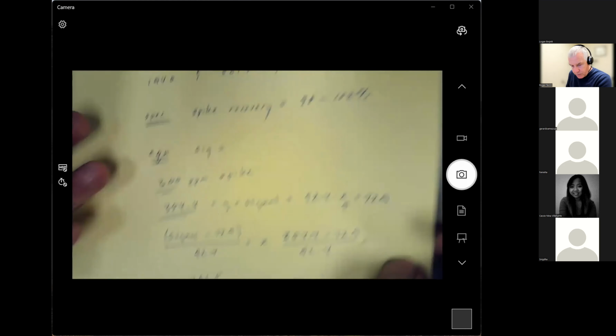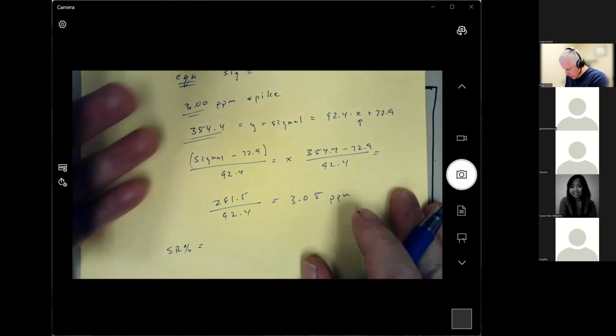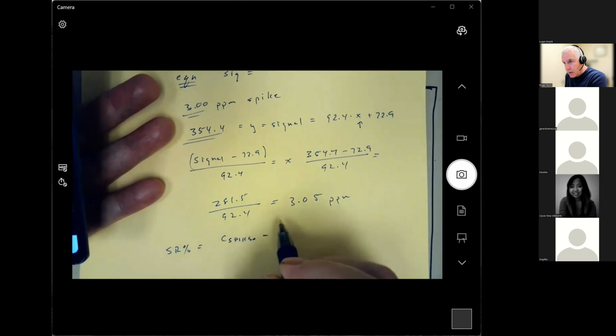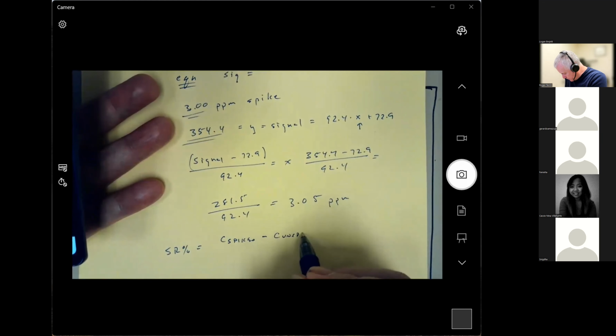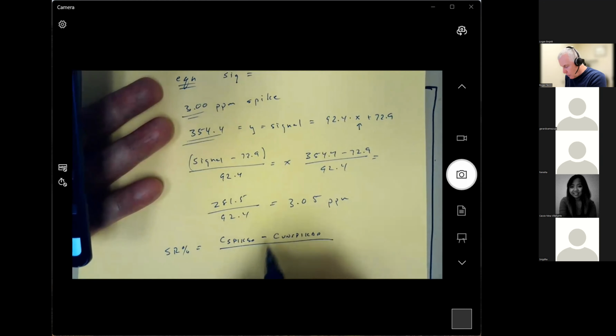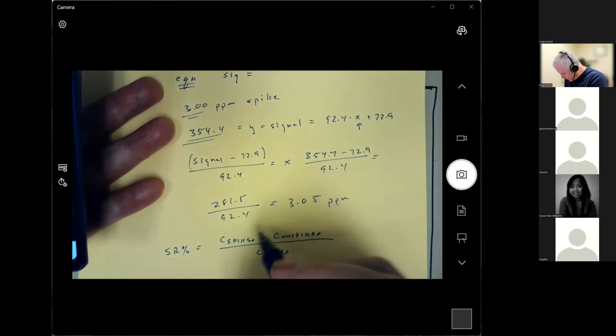And so now for our spike recovery, that guy there is equal to C spiked minus C unspiked divided by C added. And this is the nominal value, and these guys are measured.